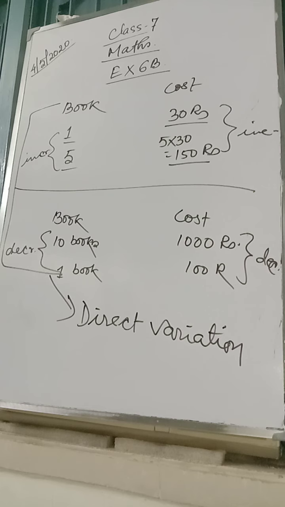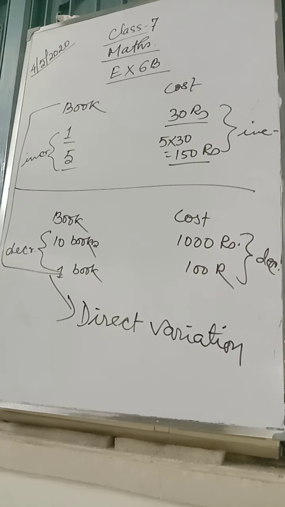But if one term is increasing and the second term is decreasing, that is called indirect variation. Now you will say, ma'am, how can it come? How can one term increase and another term decrease? That comes in the case of speed, time and distance and the number of people working. For example, you come to school every day. If you come by cycle, you take 20 minutes. If you come by car, you reach in 10 minutes.